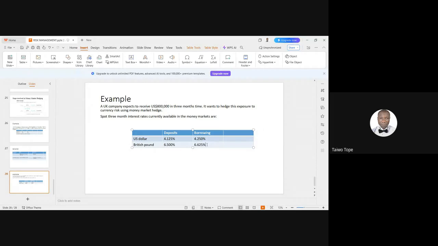So now the spot exchange rate is as follows.